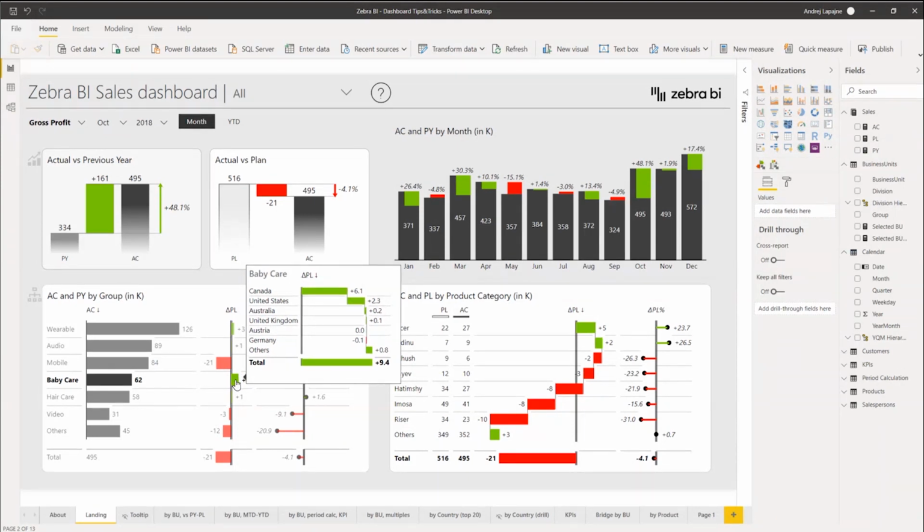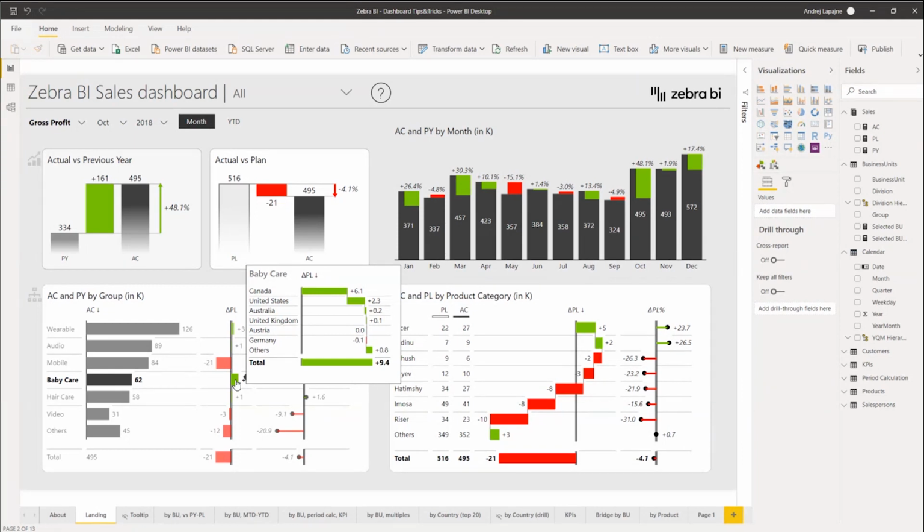And of course, the list of countries in my tooltip will change because I have used the filter of top N countries that contributed either positively or in a negative way to this result. So I'm basically using top and bottom elements, and then everything else is calculated as the others element, right?